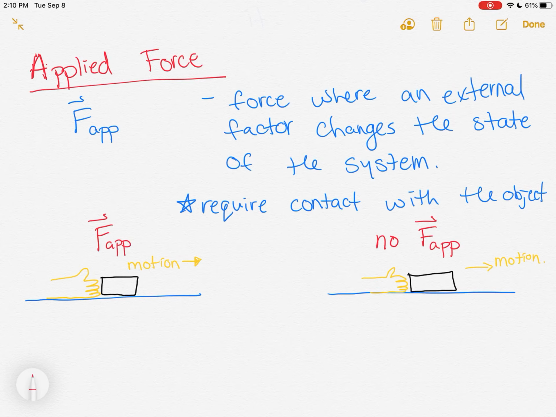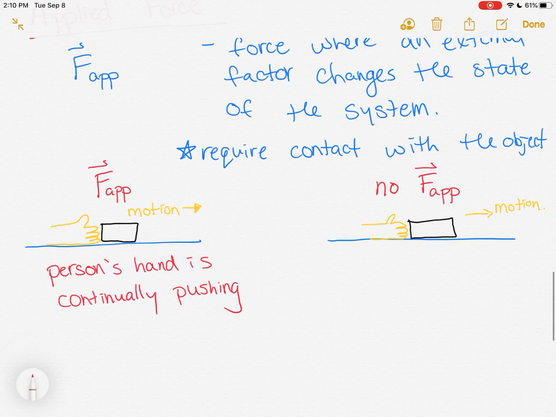So the one on the left has an applied force because the person's hand is continually pushing on the textbook.